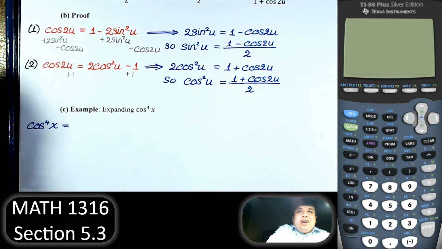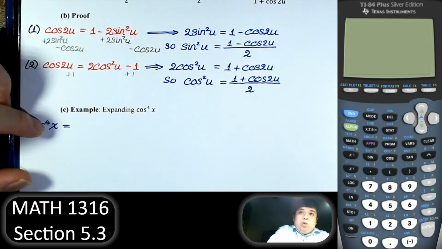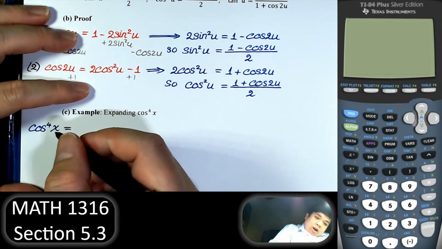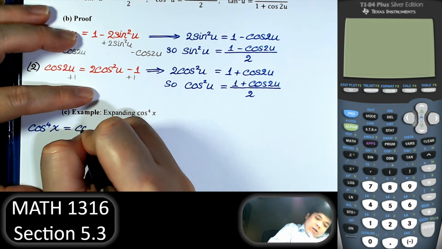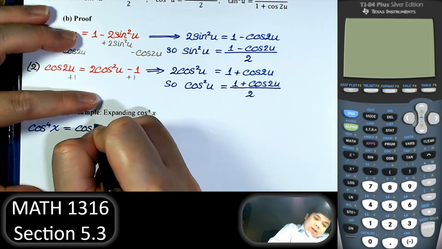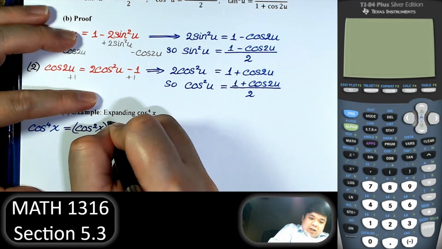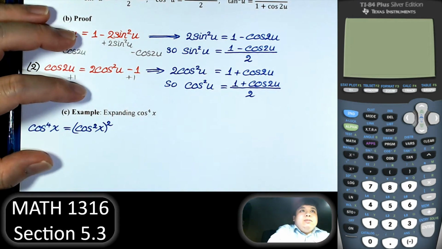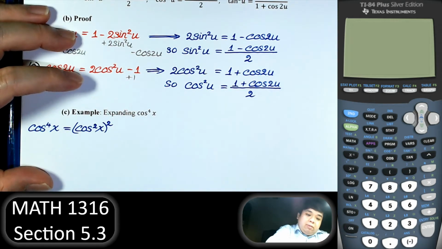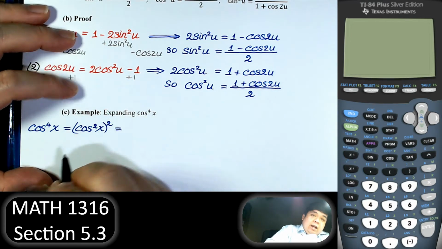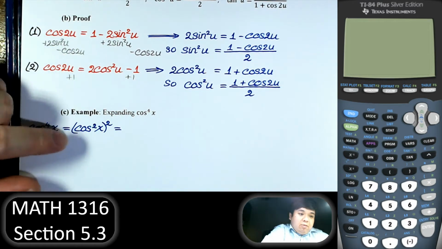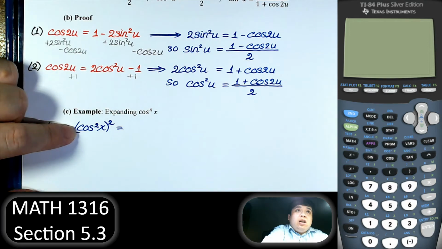Now, the nice thing about this is cosine to the 4th we can write as cosine square and then square. That gives us the 4th power. And then we can choose a lot of different options for cosine square.